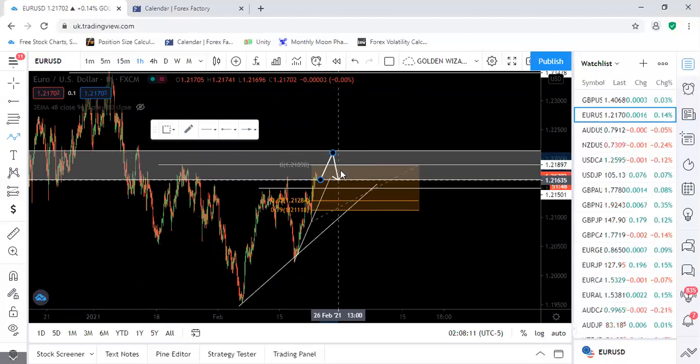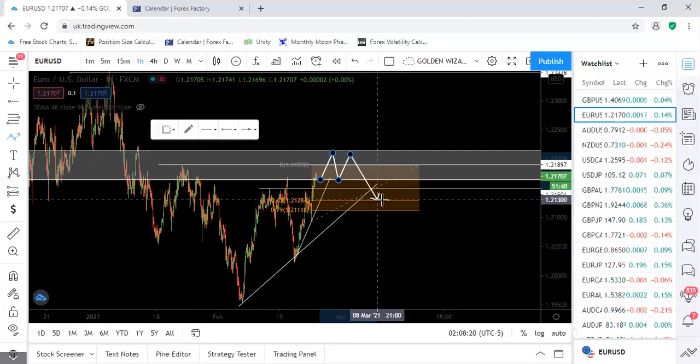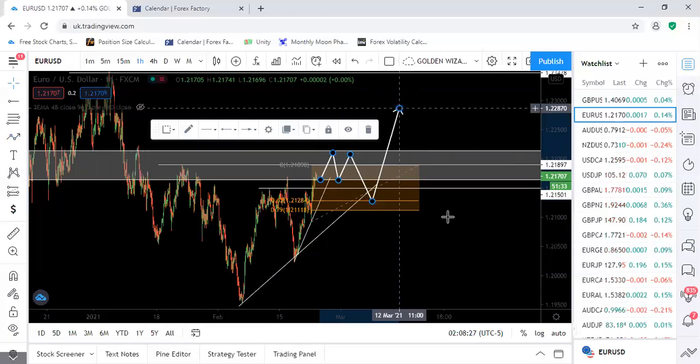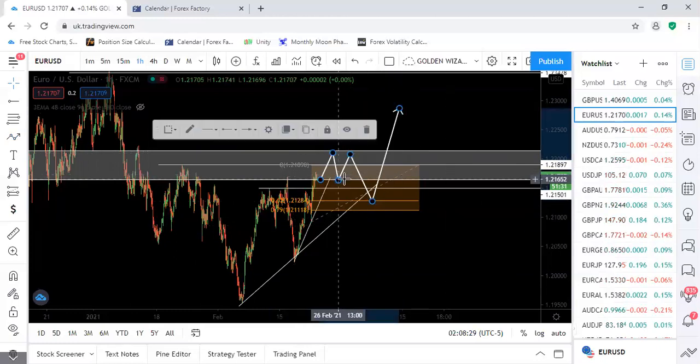I'm looking for some kind of accumulation pattern and some kind of breakout. It would be nice to see them break this trend line. I know it may not develop exactly like that, but we'll see.